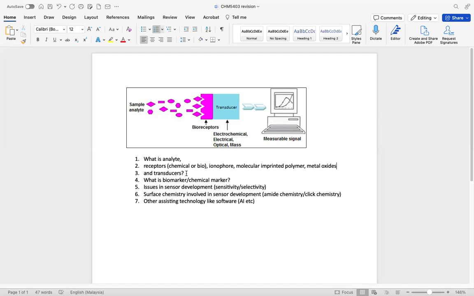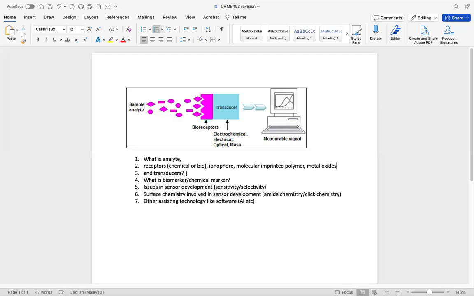There are also what we call field effect transistor, FET. Those are also transducers. It looks like electrochemical, but it is not. It is based on voltage and resistance. And there are others as well, called piezoelectric, SPR, surface plasmon resonance.